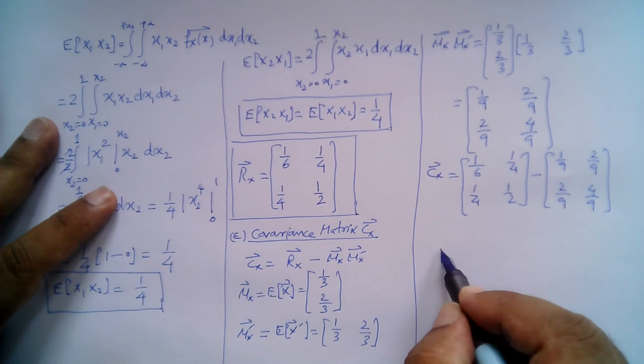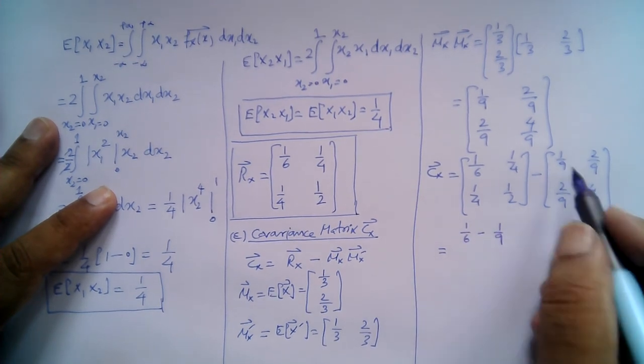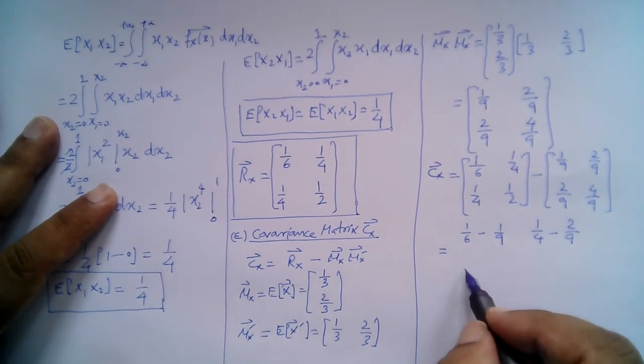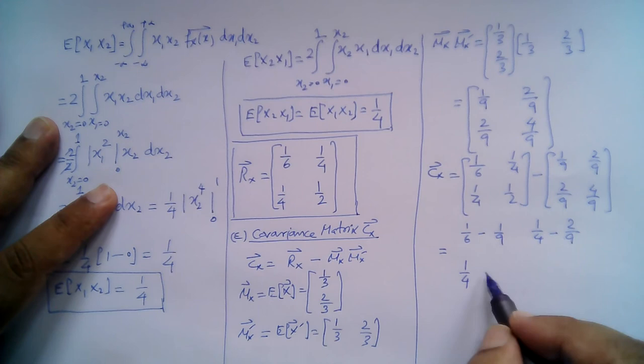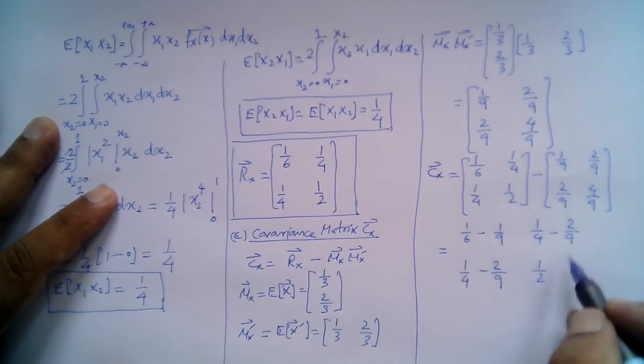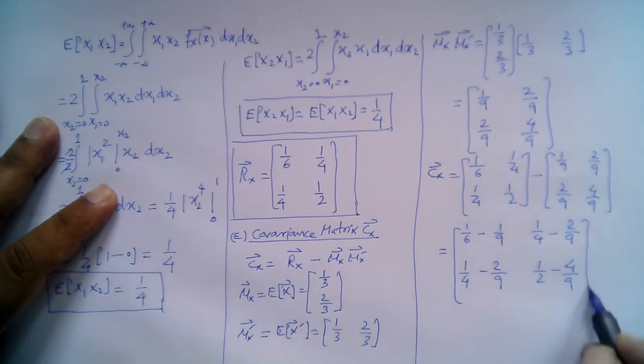So this should be equal to 1 over 6 minus 1 over 9, 1 over 4 minus 2 over 9, and again 1 over 4 minus 2 over 9, and 1 over 2 minus 4 over 9. So this is simply arithmetic now.